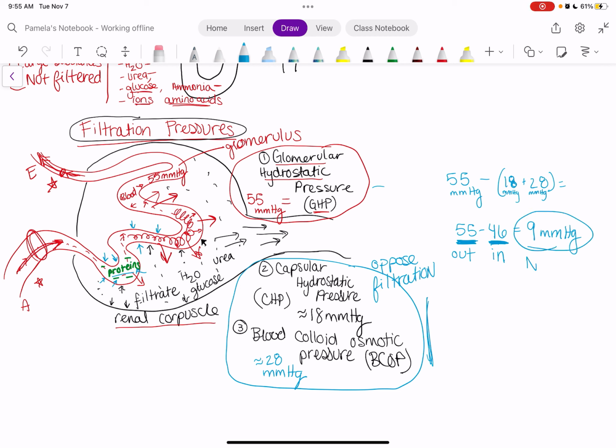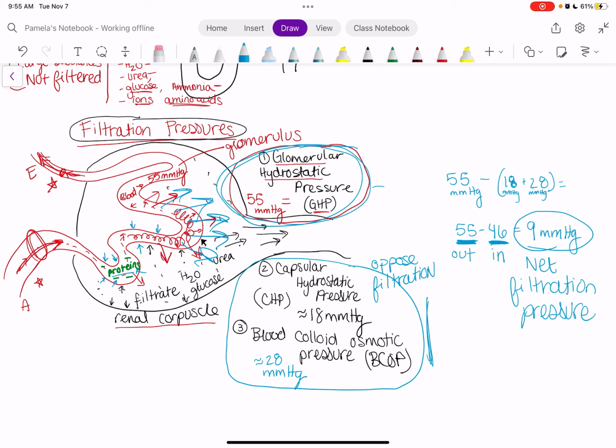So this is going to be our net filtration pressure. All the time in your body, we have this force of fluid pushing out, and remember, this is due to that really, really high glomerular hydrostatic pressure.